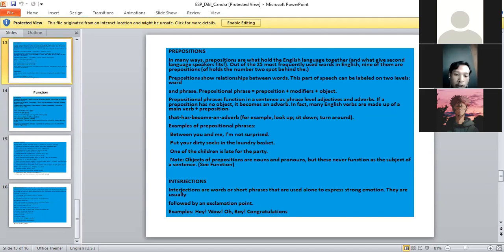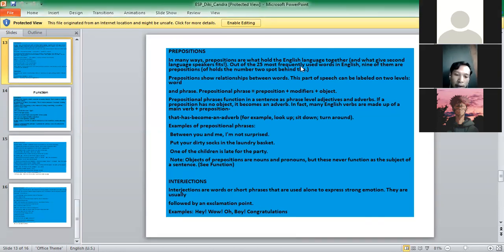Put your dirty socks in the laundry basket. One of the children is late for the party. Note: objects of prepositions are nouns and pronouns, but they never function as the subject of a sentence.